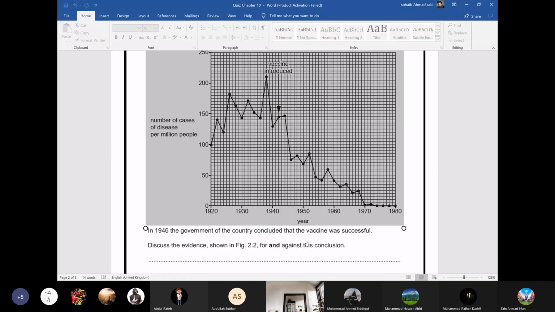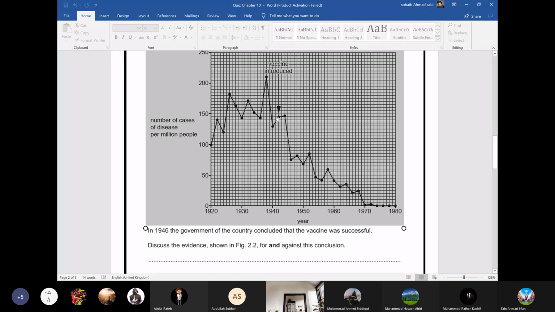Okay, boys. Now listen. First point in favor. Look here. Before vaccination was given, the number of cases was 220 million. Do you see that?